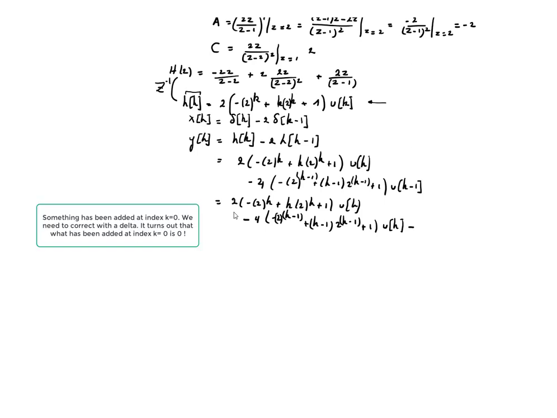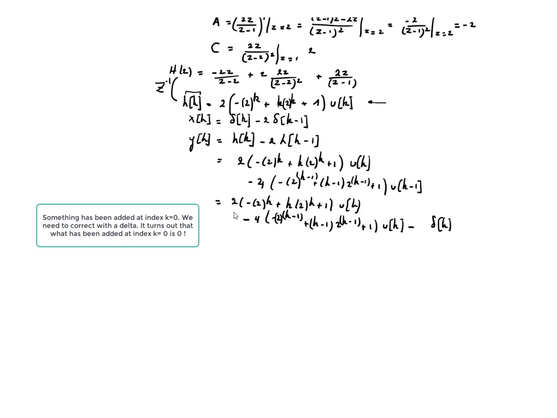Okay, so we'll write it as we had originally, plus 1 u of k, and we'll say minus 4 plus 1, and I'll write now u of k, but then I'll have to subtract something in delta k, right?